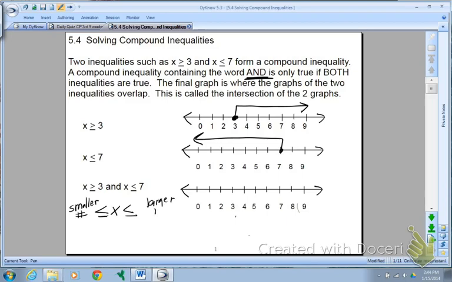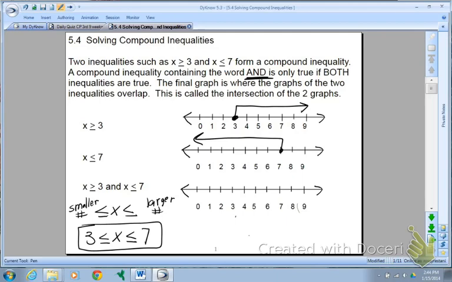That makes sense, because don't you read from left to right, from smaller to larger? So which is smaller, 3 or 7? 3. So 3 goes on the left and 7 goes on the right. That is how we would write a combined inequality. So if you ever have two inequalities formed by the word and, you solve each one and then put it in this solution.